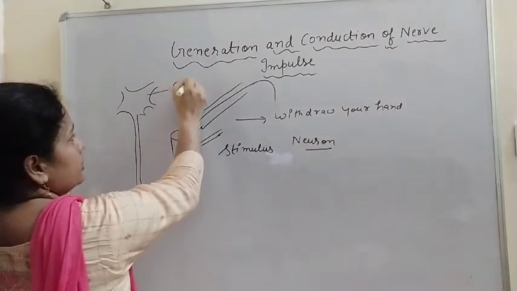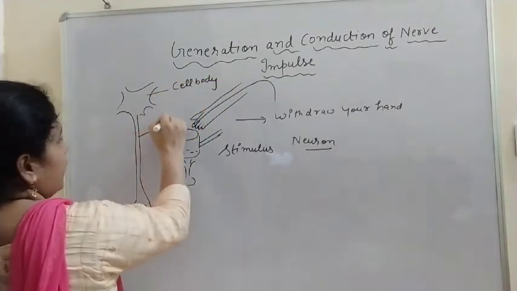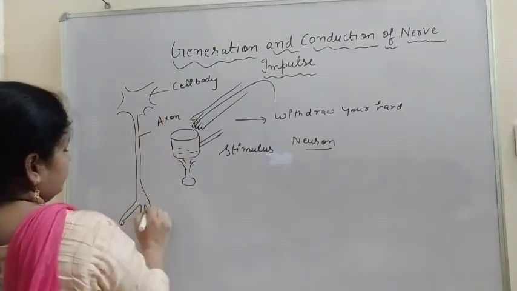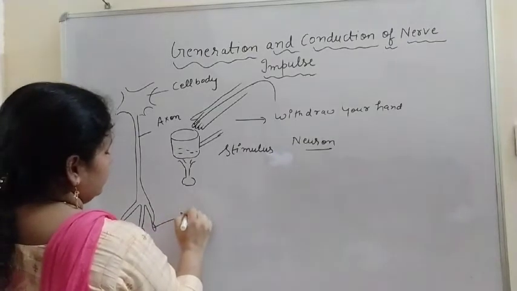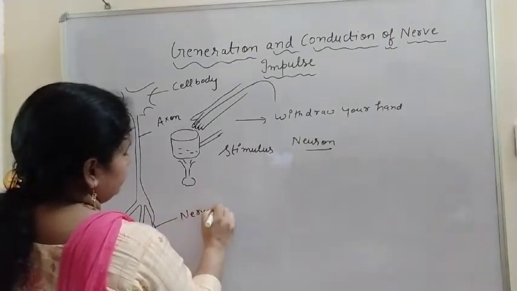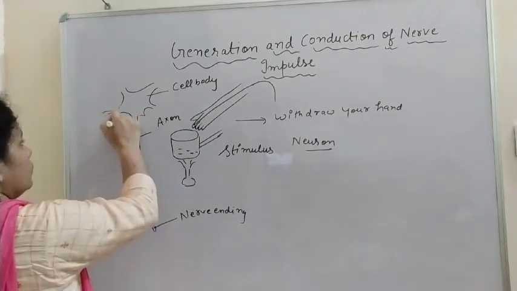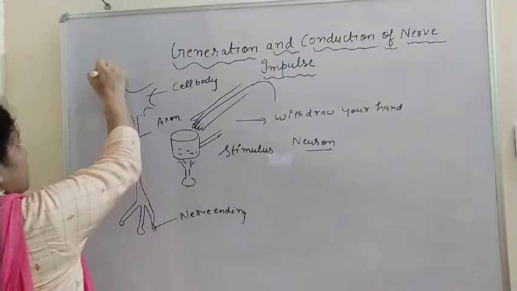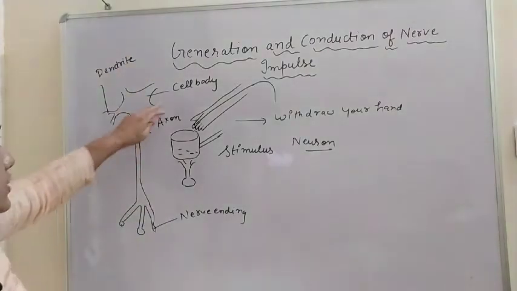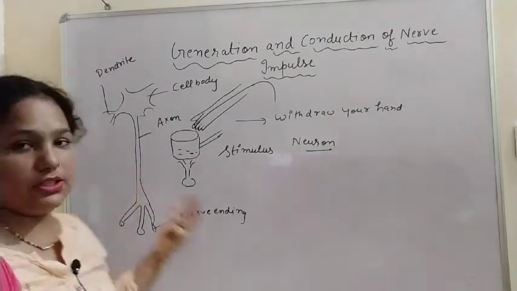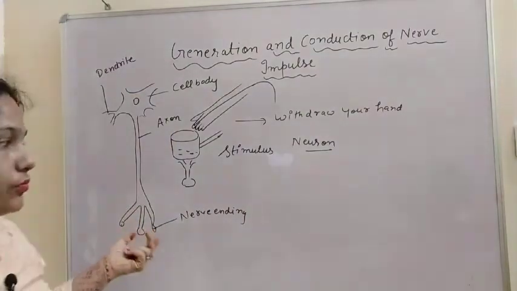The cell body, the axon, and the nerve ending. And the cell body has small fibers, and these fibers are dendrites. So the cell body, dendrite, axon and the nerve ending are the main parts of the neuron.